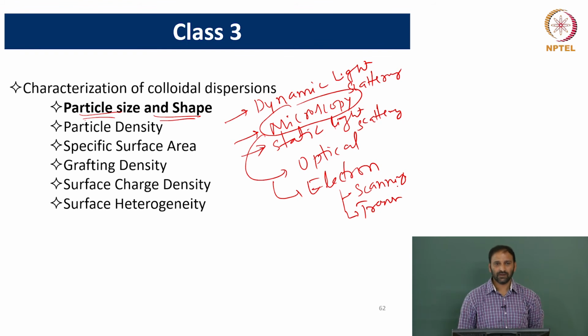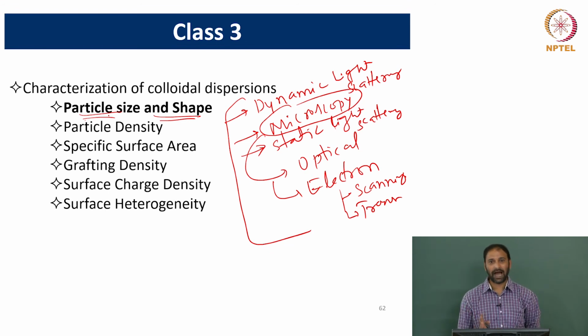But which technique you use for measuring the particle size depends on whether you have any a priori knowledge about the typical size range in the dispersion. If you know that, then you can choose the technique appropriately.